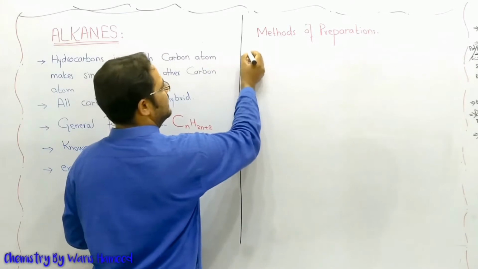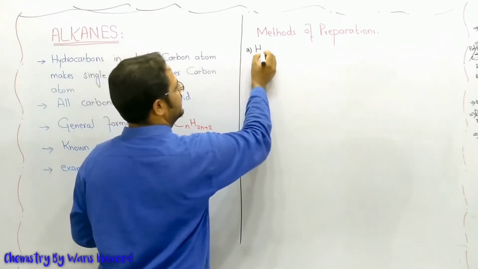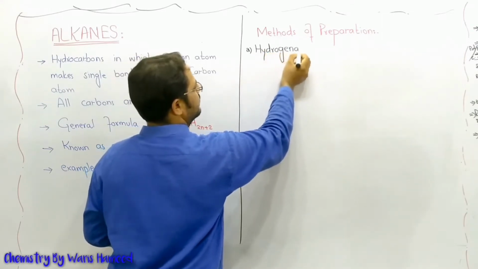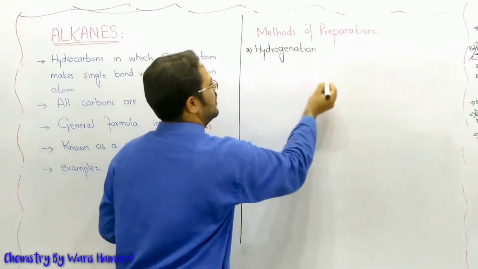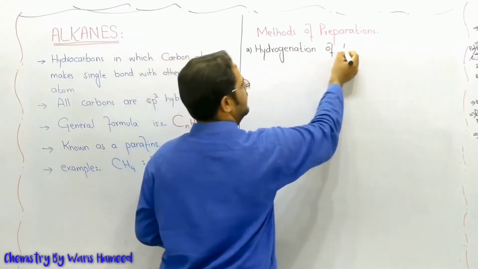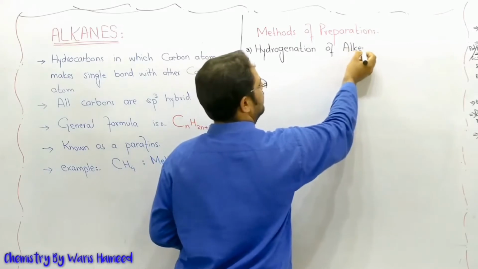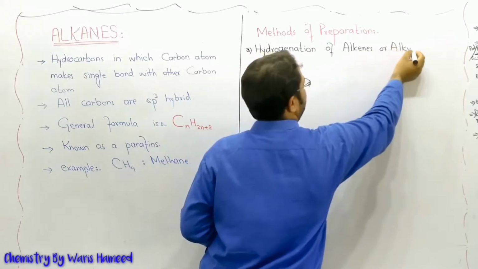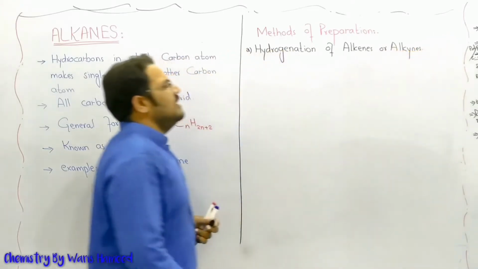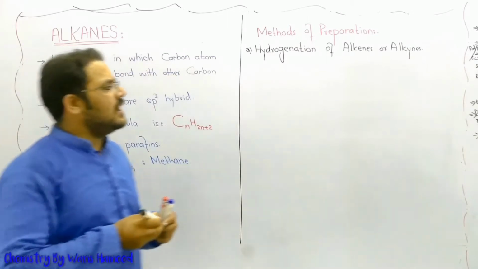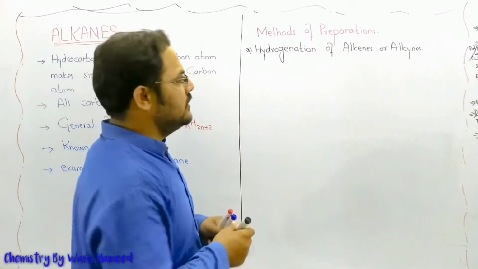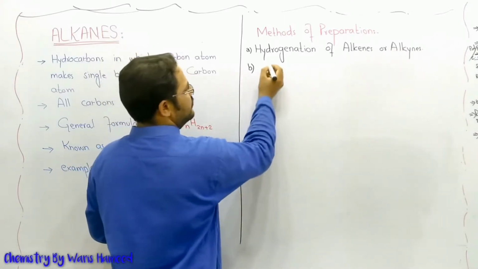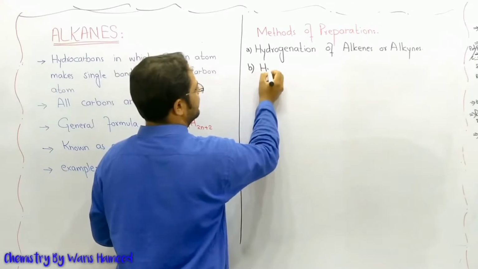So, naming the first method as hydrogenation of alkene or alkyne. We can prepare alkane from alkenes and alkynes by hydrogenation. Next method is hydrogenolysis.